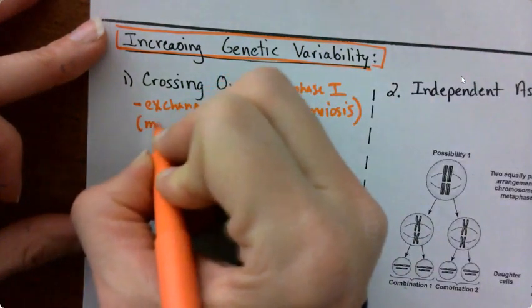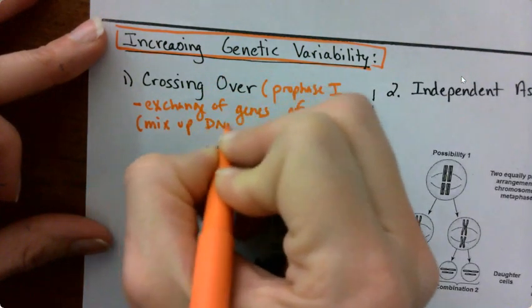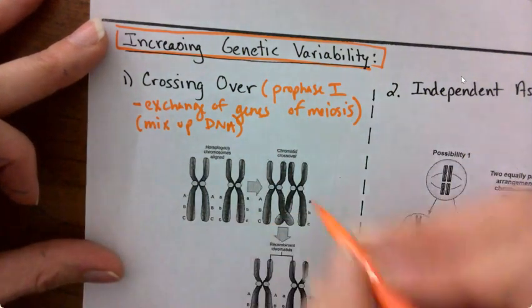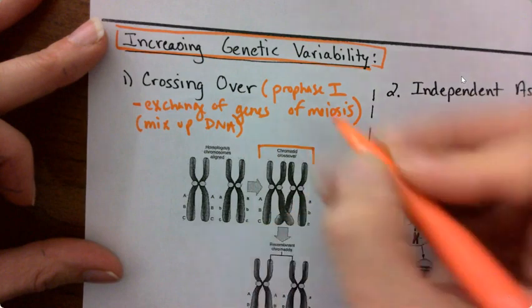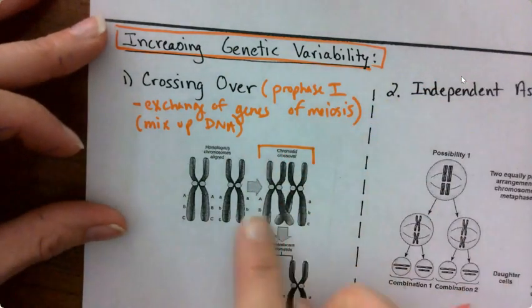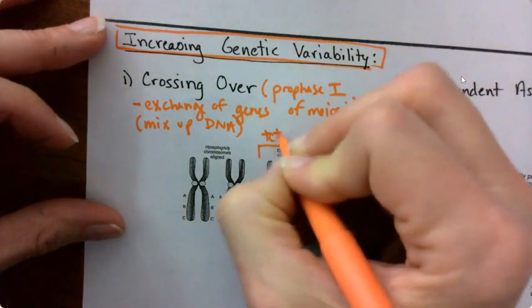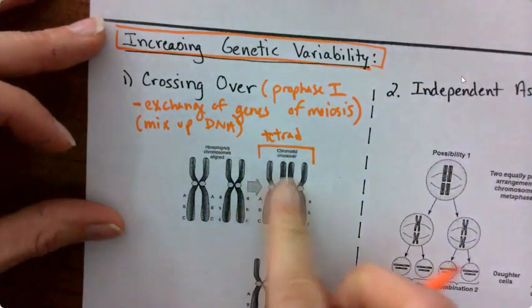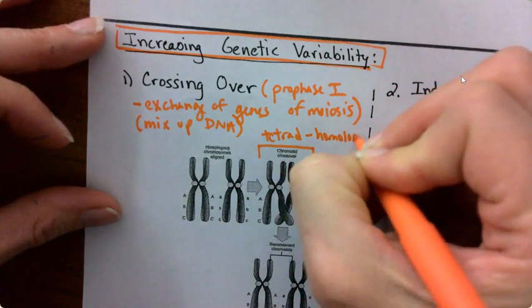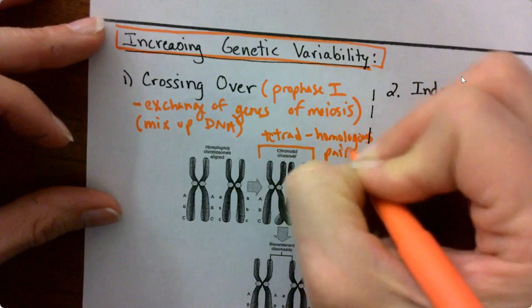And this allows you to mix up the DNA between the different chromosomes, right? So you can see it's this homologous pair. So when they join up like this, they're called a tetrad. And a tetrad is 4 chromatids and a homologous pair of chromosomes.